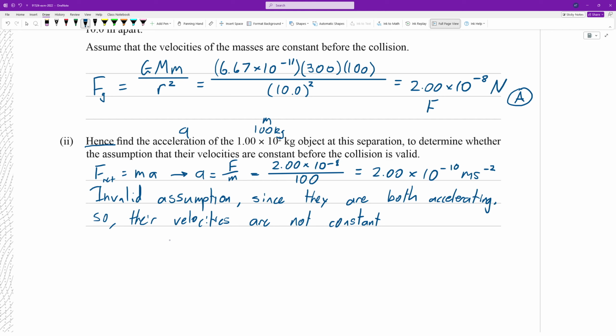They are accelerating, so their velocities are not constant. Awesome. And so if you got both the force and the assumption correct, that is a merit. The other way to answer this question is, since the acceleration is so small, like times 10 to the negative 10, that's very small, you can assume it's about constant, right? You could say that too.